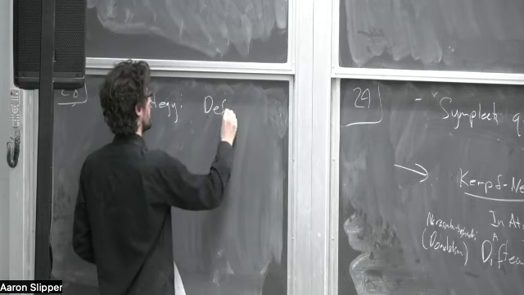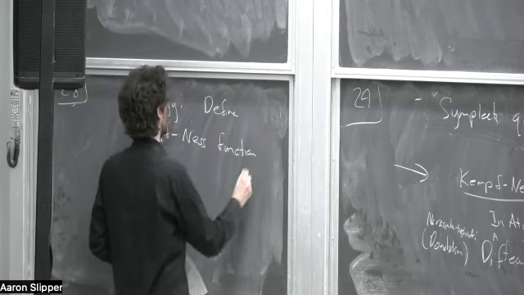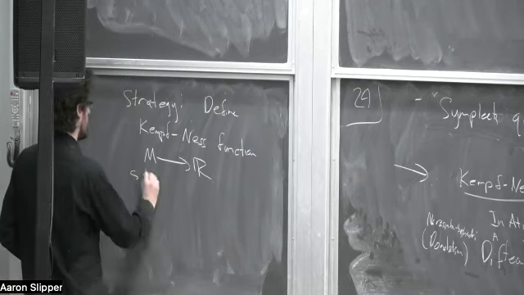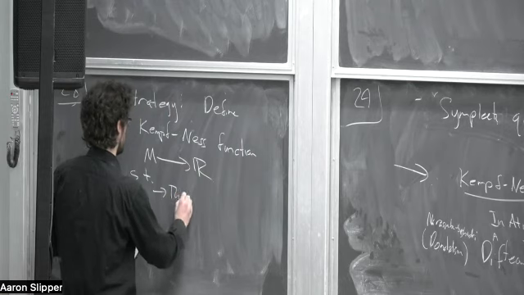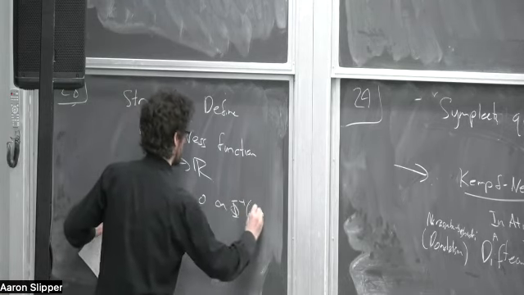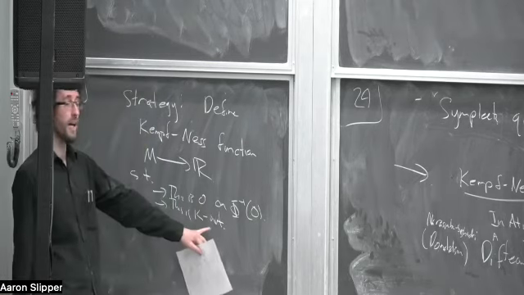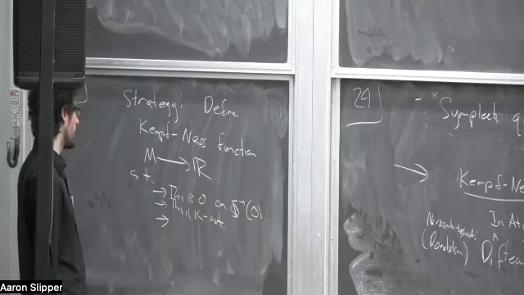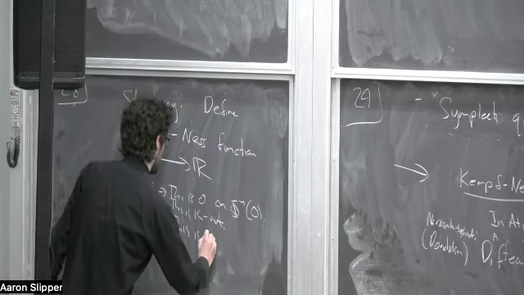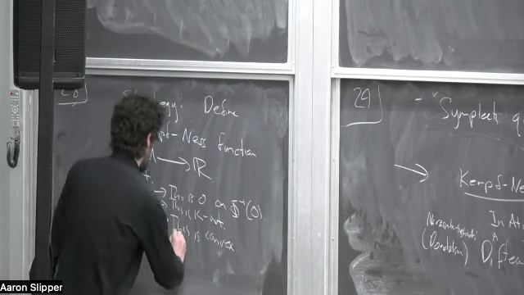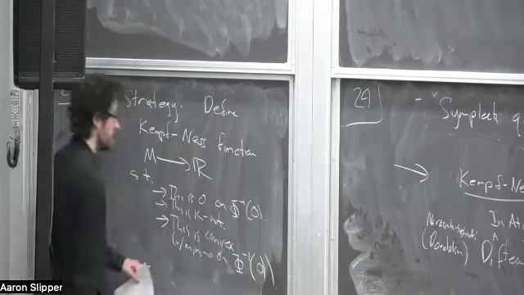What we do is we define the Kempf-Ness function, such that this is 0 on the inverse of 0, this is K invariant, and such that this is convex, with minima on the inverse of zero itself.